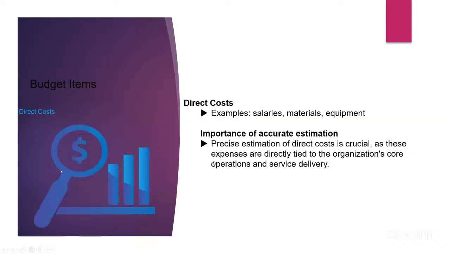Then budget items. Basically, with the budget, there are what we call direct costs. These are costs that are directly affected or directly linked to the budget. For example, we can talk of salaries, materials, equipment that are going to be used for that particular project that we are writing a grant for.